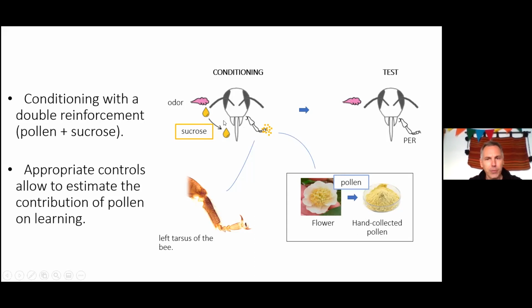This double reinforcement, as before, enables us to establish an association between the odor and both rewards, and we are confident that with appropriate controls, this procedure allowed us to estimate the contribution of pollen during learning.